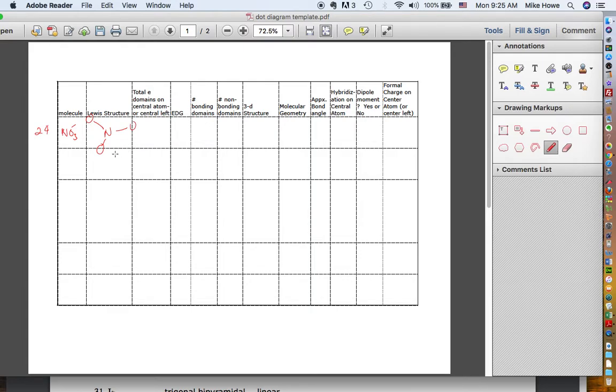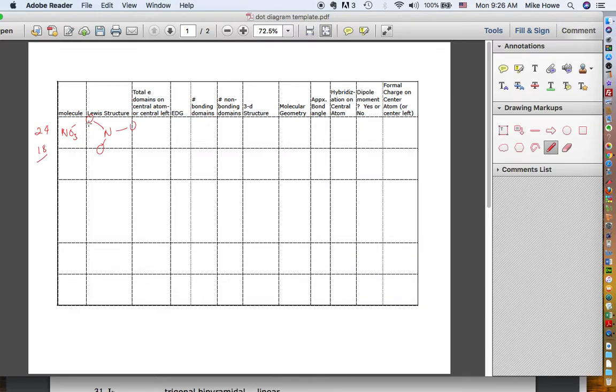Of the 24 valence electrons that we had to work with, we can see that we have 6 in the picture because each line represents 2 electrons. So take away 6 and that gives us 18 to distribute.